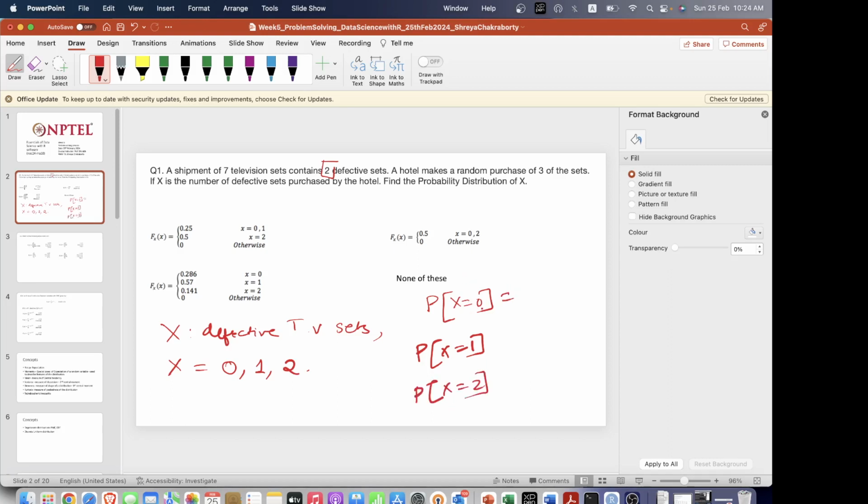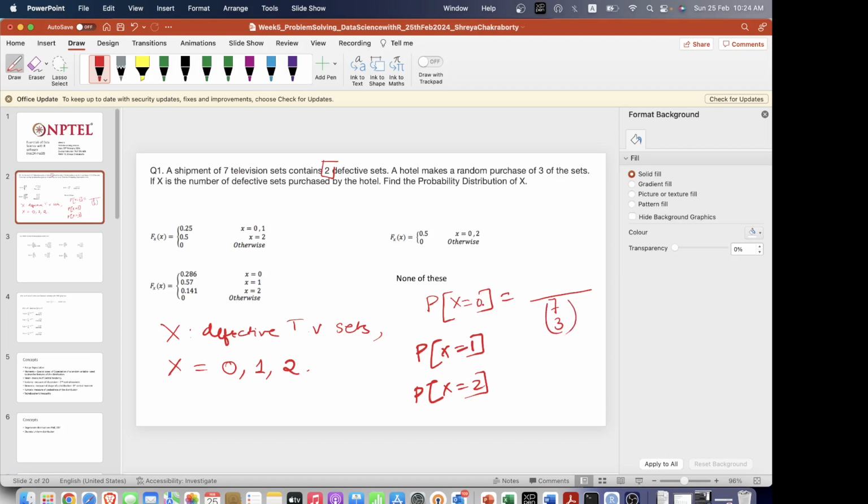So x equal to 0 means there are 0 defective sets. We are making a random purchase, or selecting 3 sets, out of the total 7 television sets. So the number of ways we can do that is 7C3.